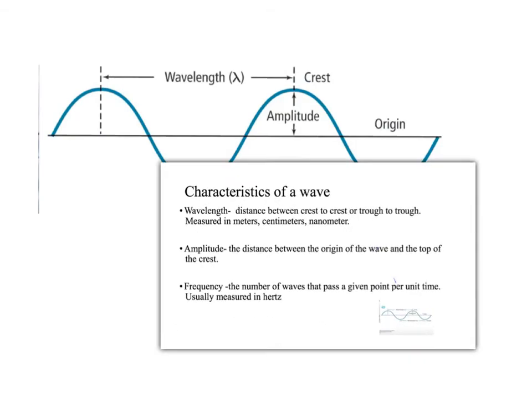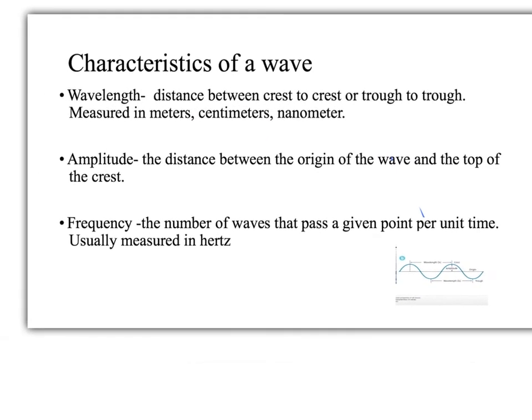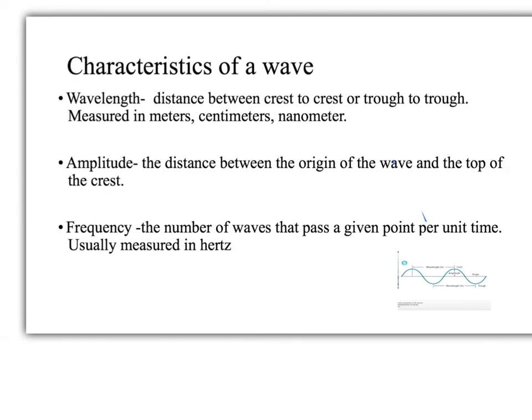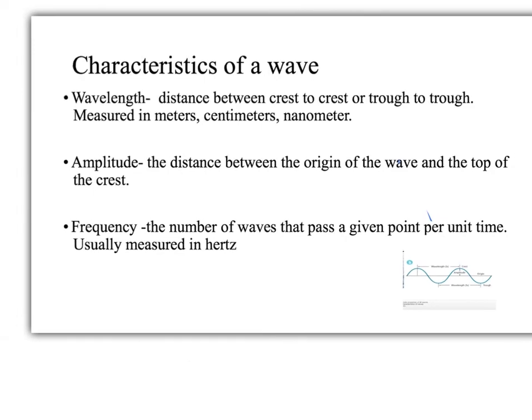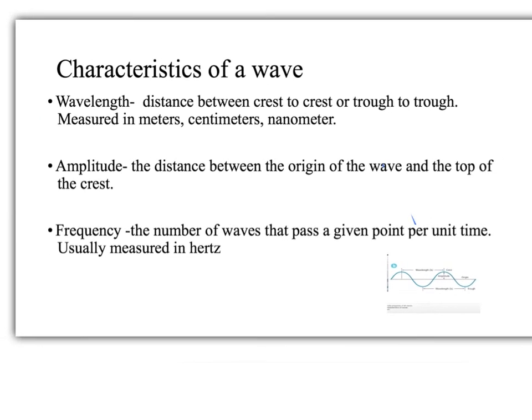So basically, the characteristics of the wave would be wavelength, the distance from crest to crest or trough to trough, measured in meters, centimeters or nanometers; the amplitude, the distance between the origin of the wave and the top of the crest; and frequency, which is the number of waves that pass a given point per unit time.